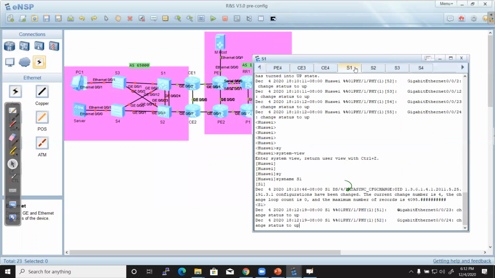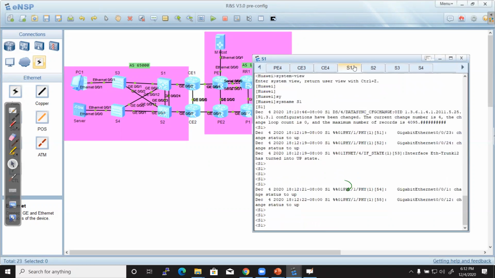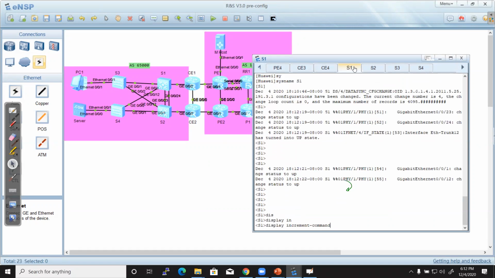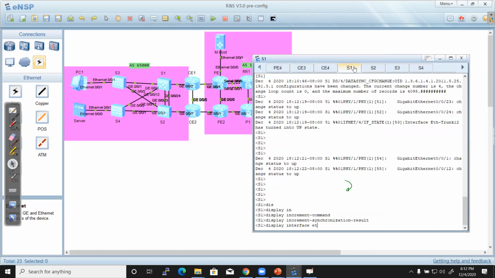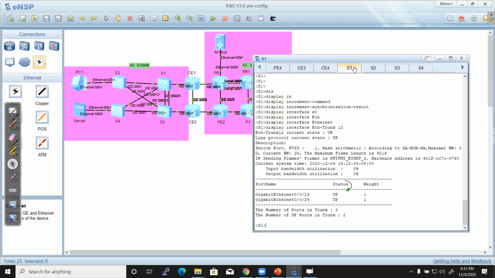Okay, let them boot. Now they have booted up, switch 1 and switch 2 as well. So the same command I'm trying to give over here. So display interface each trunk 12. So you guys can see this command is running and up, and you guys can see both member interfaces, the port 23 and 24, they are the part of this each trunk.